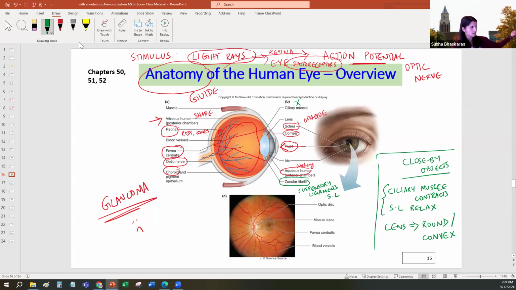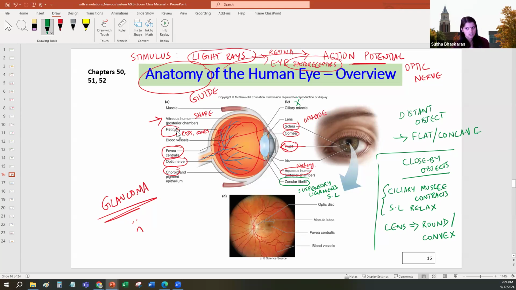The opposite, correct? The ciliary body relaxes, the suspensory ligaments contract, and the lens becomes more flat or concave. Are you guys with me? Yes? Everybody? So close objects, distant objects.